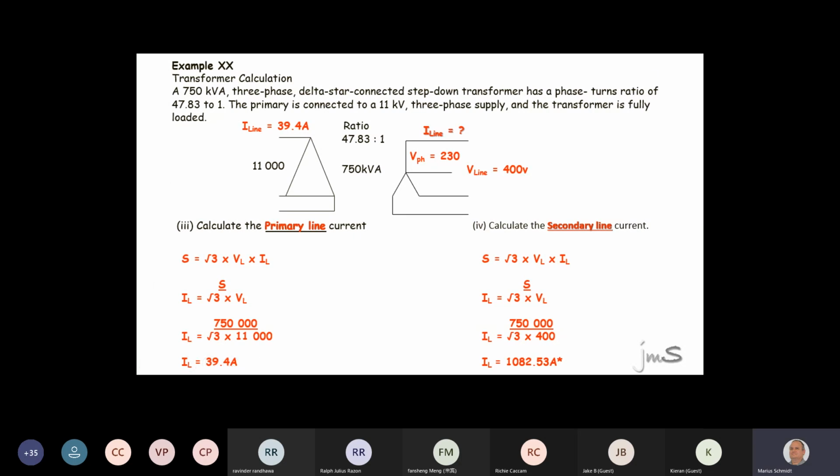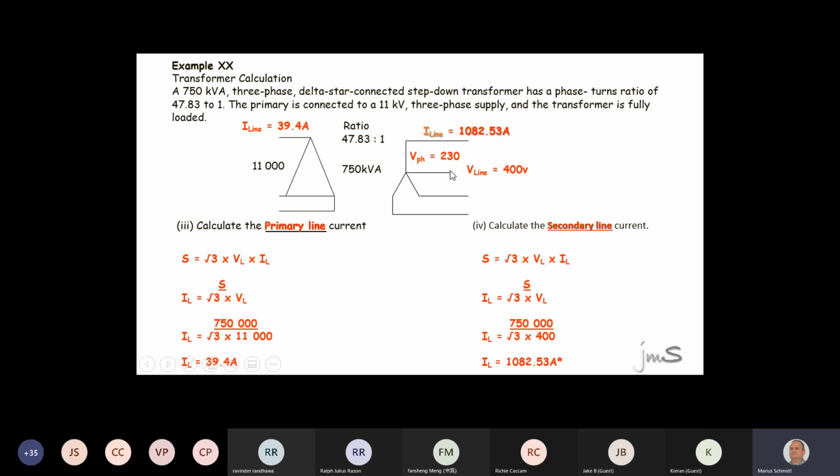Right, so what I want to share here: did you guys get the same value? Can I confirm this 1082, is that the current all the way where my mouse is going? I line equals I phase. You all agree? Do yourself a favor.